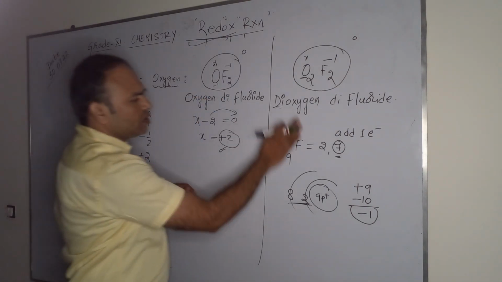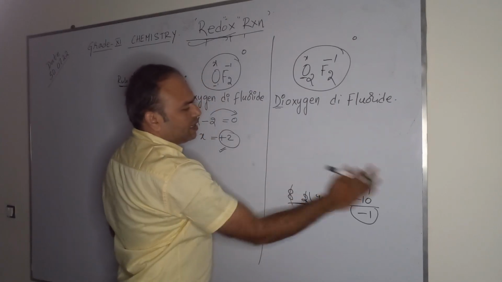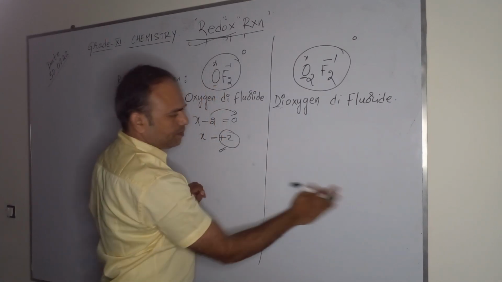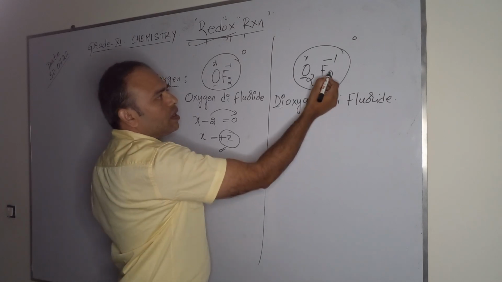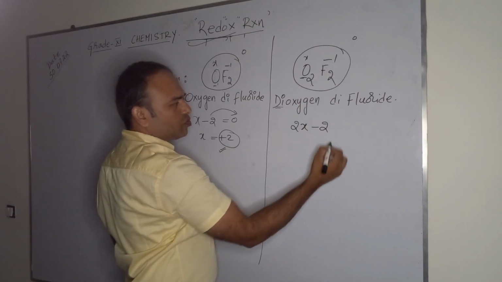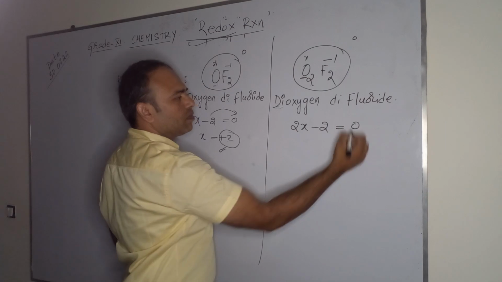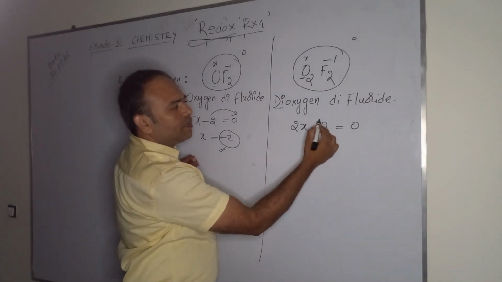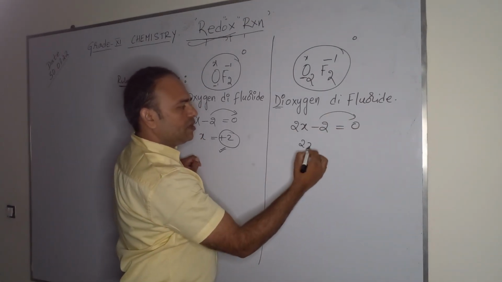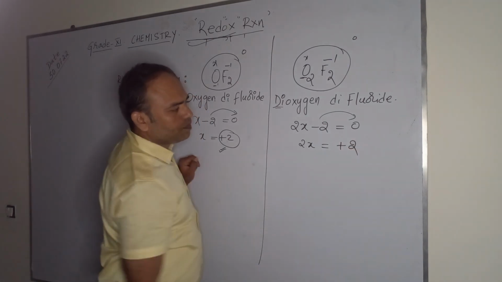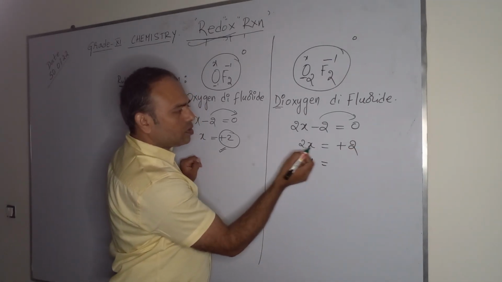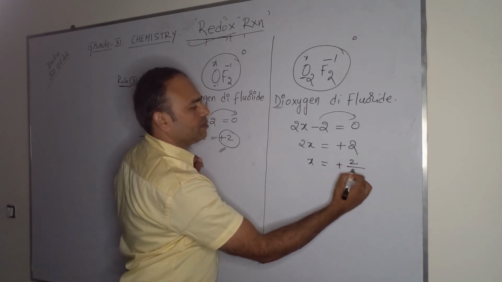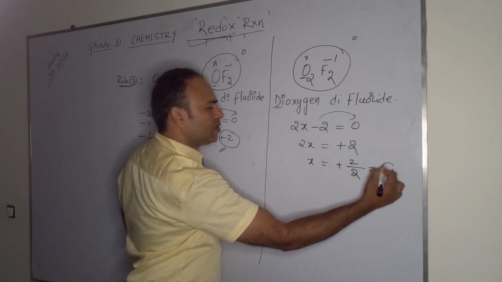Next, what about this one? So taking it as X, 2 into X becomes 2X. 2 into -1 becomes -2. Total is 0. Fine. Now send -2 to other side. It will become +2. Now X is equal to 2 divided by 2, that is equal to +1.